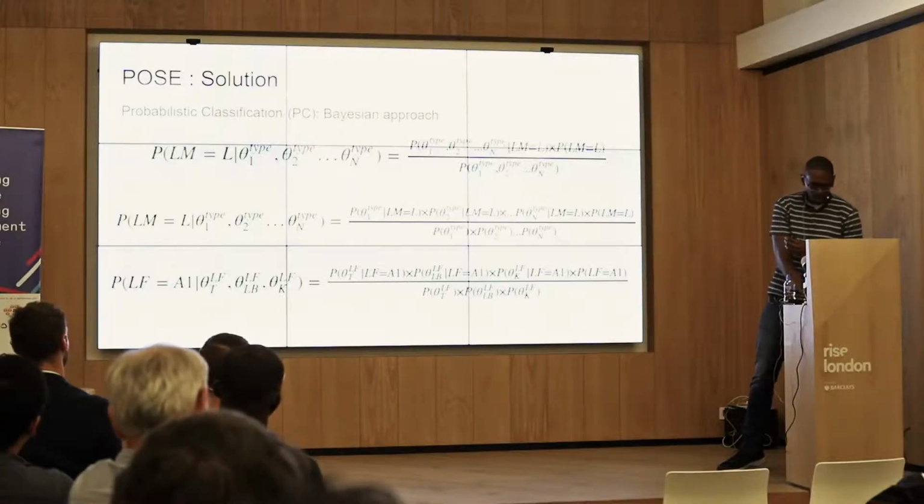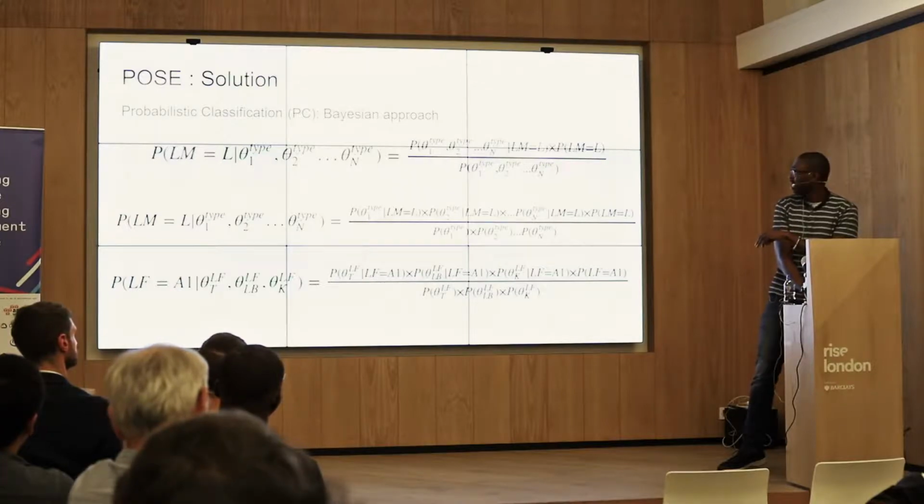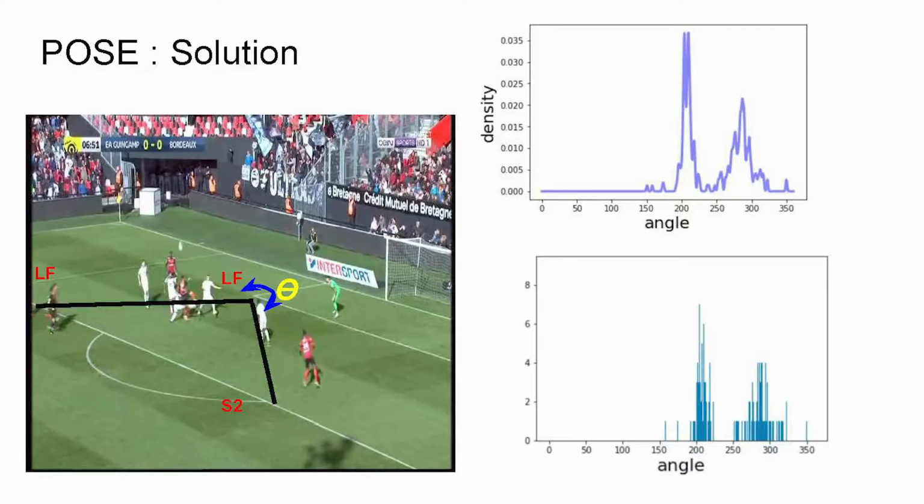I use the ground truth data I collected from the Mechanical Turk workers and create what are called kernel density estimates. And this is what it looks like. So this is the S2 relative angles to two LFs, and this is actually the histogram here.